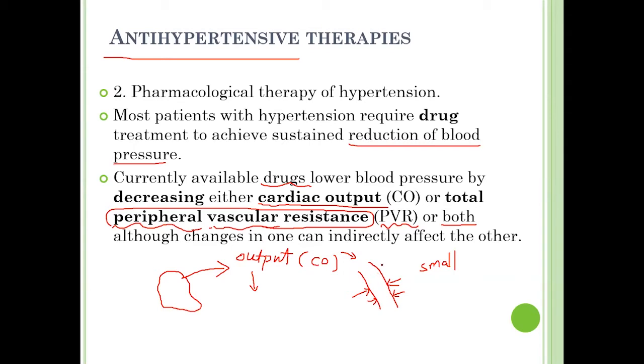And also decreased peripheral vascular resistance, meaning less holding there, a little bit more dilation. That means the same amount of blood gives decreased blood pressure also. That's generally what we say.